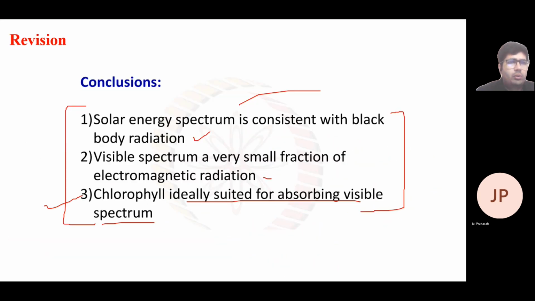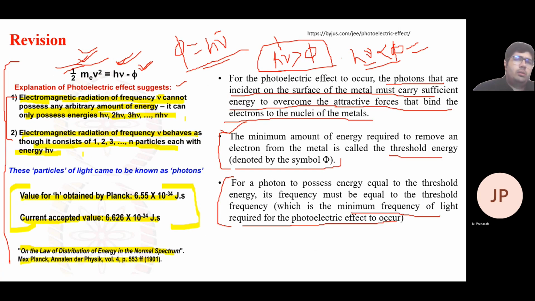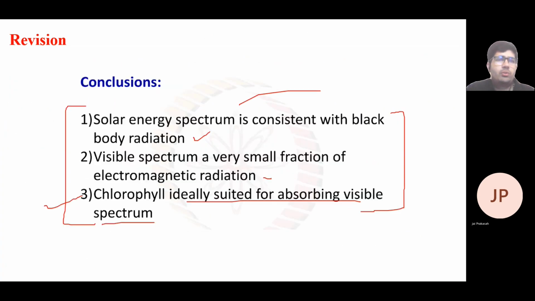Here they are. Electromagnetic radiation of frequency nu cannot possess any arbitrary amount of energy. It can only possess energy in the form of h nu, 2h nu, 3h nu, and n h nu. And electromagnetic radiation of frequency nu behaves as though it consists of 1, 2, 3 or n particles, each with energy h nu. Based on this, we can easily solve this question.